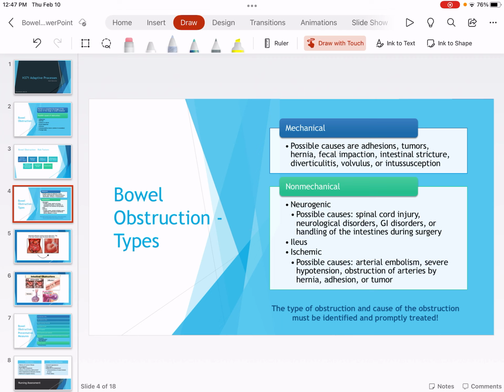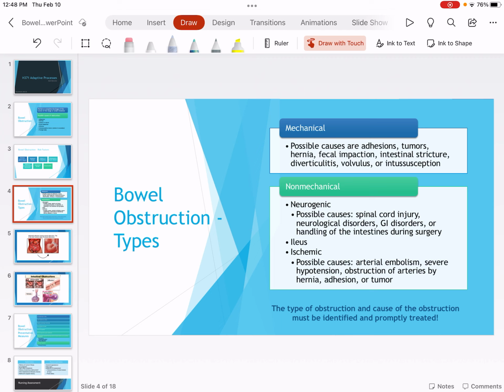Infarction means that the bowel tissue actually dies. And if the bowel tissue dies, then it can perforate, meaning that it gets a hole in it. Obviously that's an issue. This is a potentially life-threatening condition. Possible causes include arterial embolism, severe hypotension, obstruction of arteries by hernia, adhesion, or tumor.